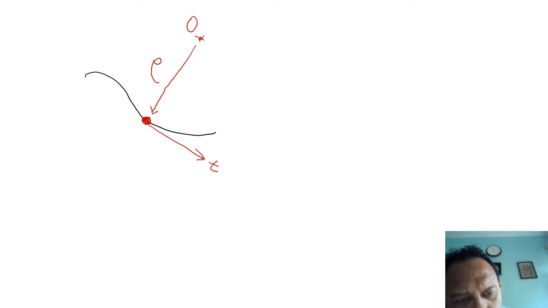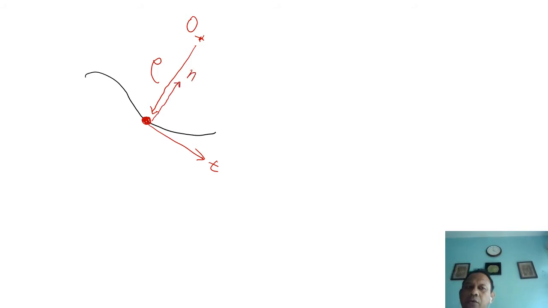You can see that this curve has a radius at origin O. So I draw this as radius rho with origin O, and we have the normal component n.